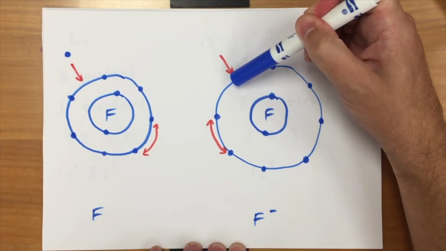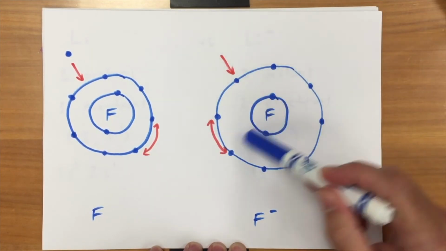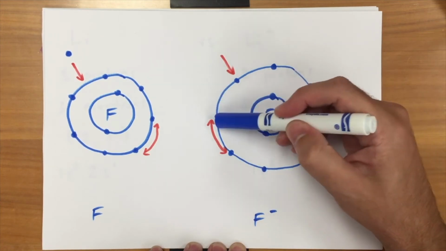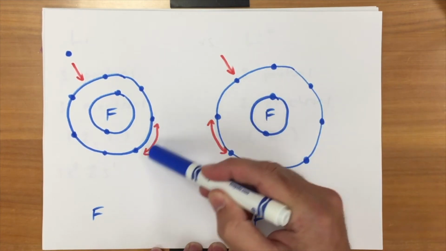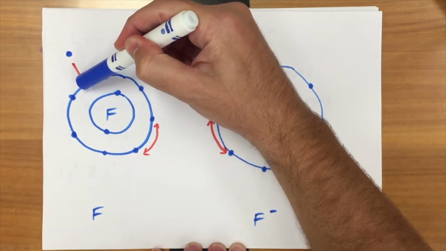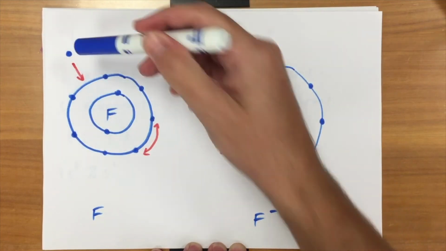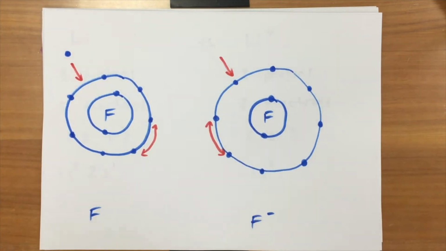So that's the electron that's been added in there, and you can see that by increasing the radius, we've maintained approximately the same distance between our electrons. If I just wedged it in there and didn't increase the radius, then the electrons are all closer to each other and there's greater repulsion between them.